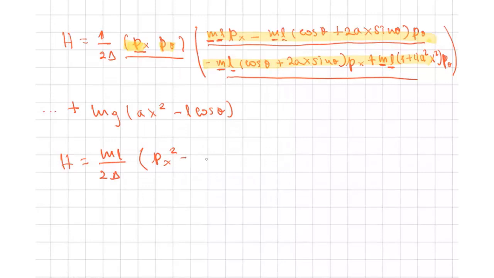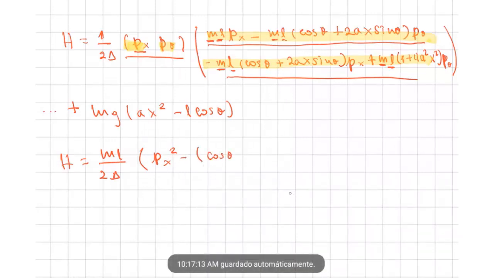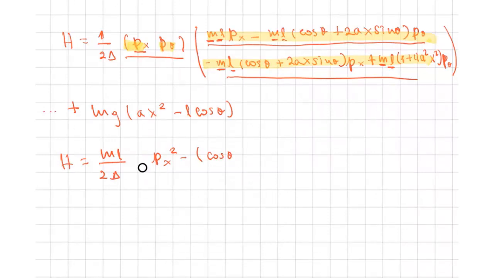minus cosine of theta plus 2ax sine of theta px p theta.